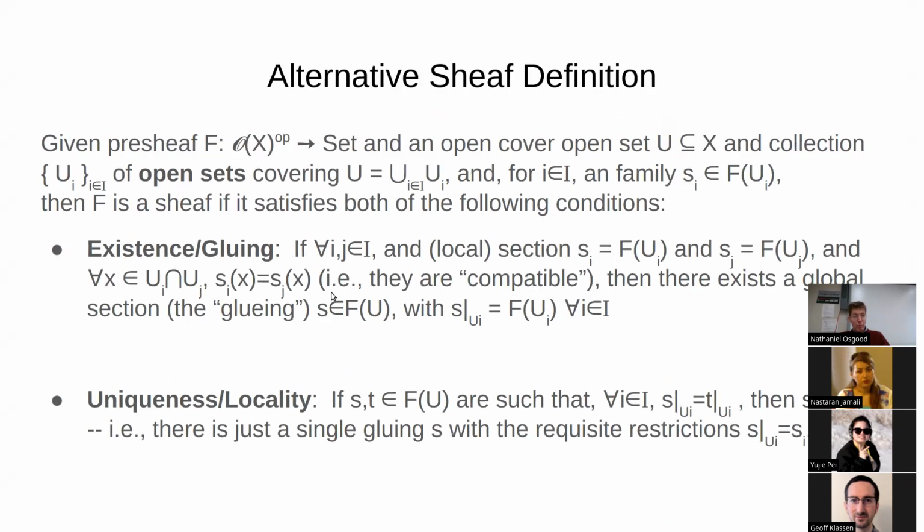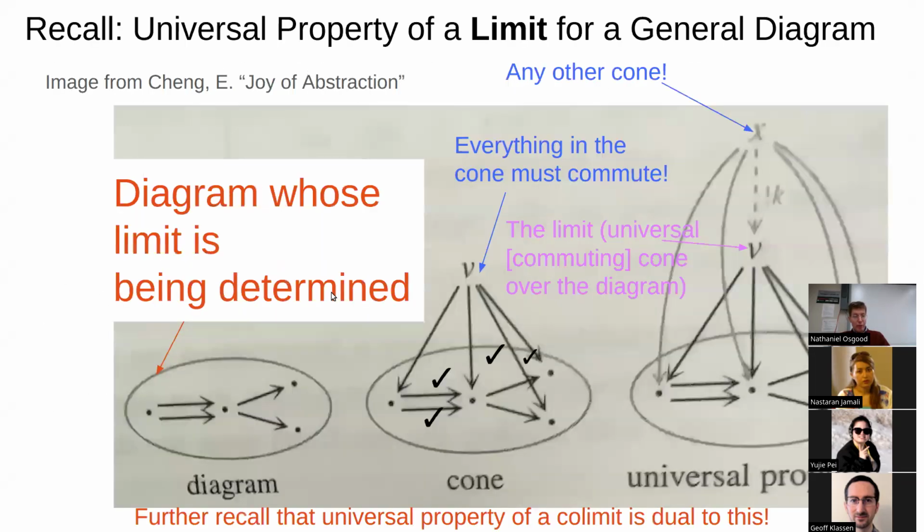So I want you to reflect on some facts. First of all, do you remember the notion of a limit? Do you remember that? We talked about it with products, but particularly with pullbacks.